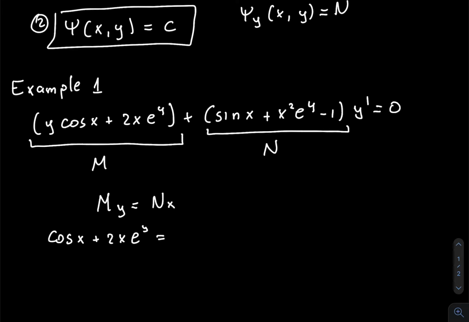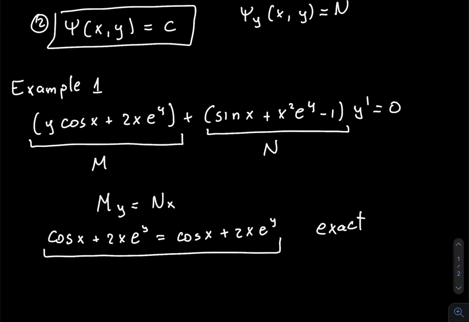Now let's take the partial derivative of N with respect to x. We have cosine of x plus 2x e to the y. We can see that we have an equality here. Therefore, this is an exact equation.